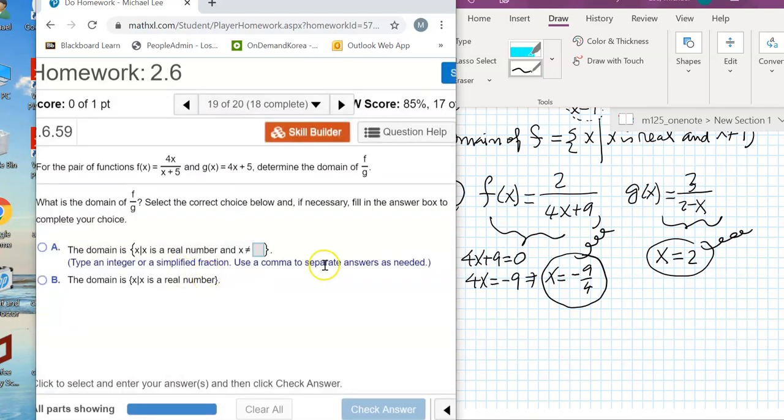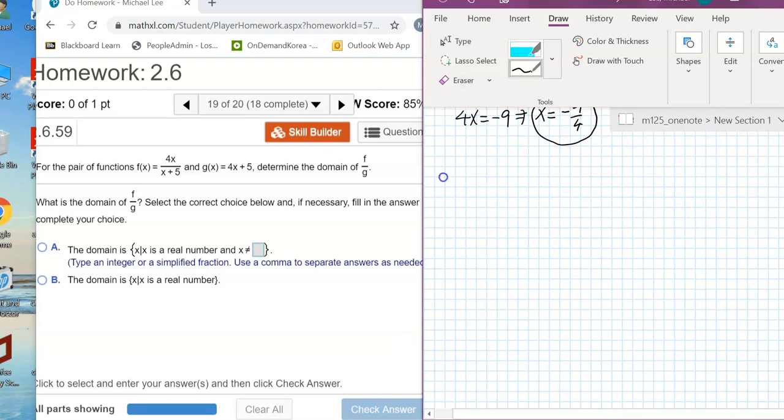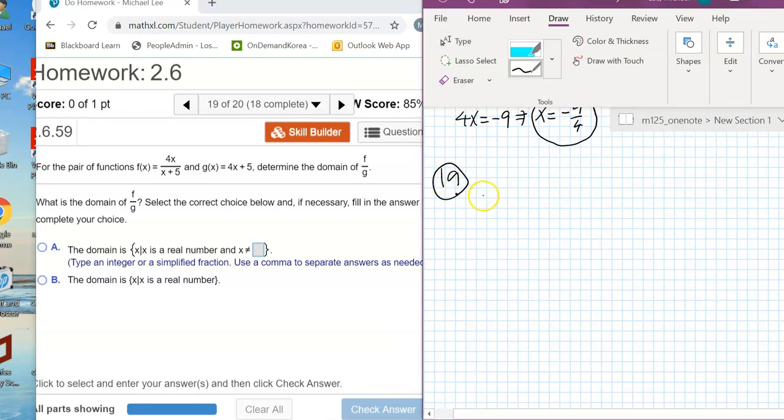Now, this is a different question. So now number 19. Okay, we're almost done. So 19 is f of x is 4x over x plus 5, and g of x is 4x plus 5. Now, what is the domain of f over g?